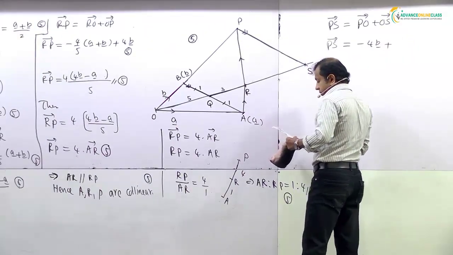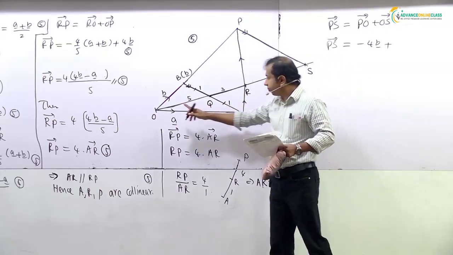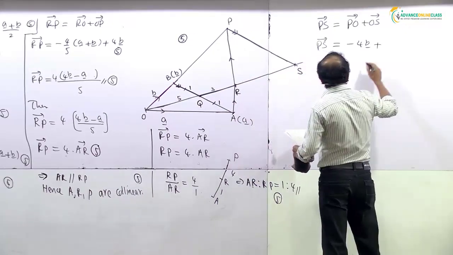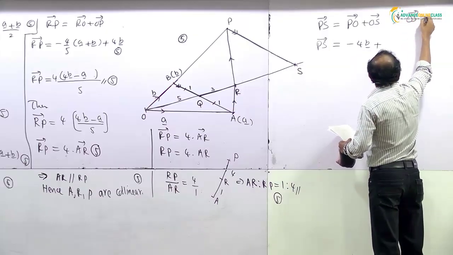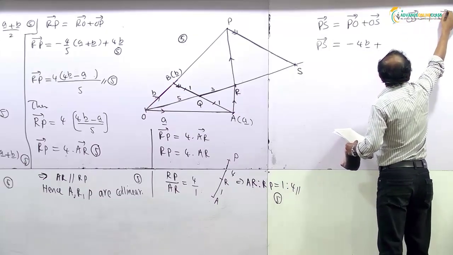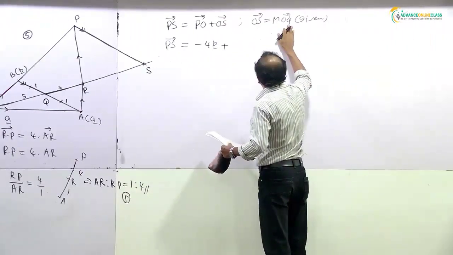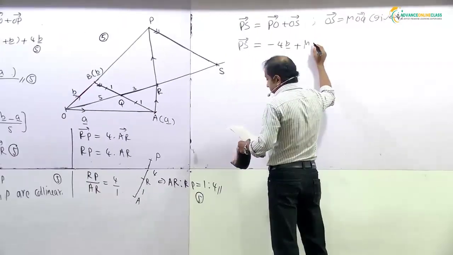We are given OS is equal to mu OQ. Then for this OS, I can put mu times OQ.